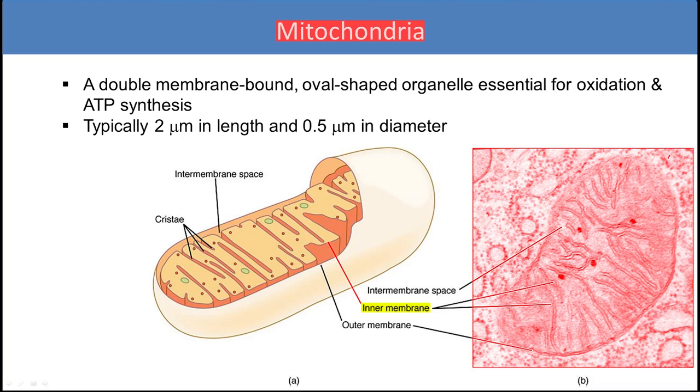One space is between the 2 membranes, the outer and inner membranes, called the intermembrane space. And inside the inner membrane, that space is the so-called matrix. There are a couple of very important compartments available in mitochondria.